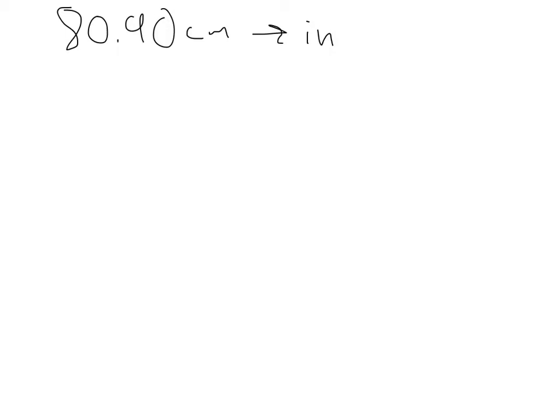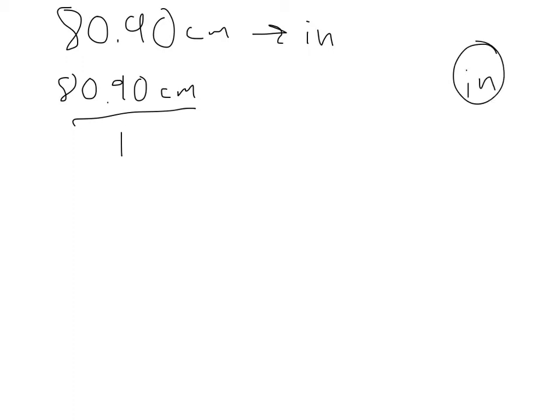Now, let's try to follow the steps in a little bit more smooth of a fashion. What we start with, 80.90 centimeters. Put it over 1 so that we can cross multiply, and we're eventually trying to get it into the unit of inches. The unit that has to go on the bottom would be centimeters, so that they can be canceled out.